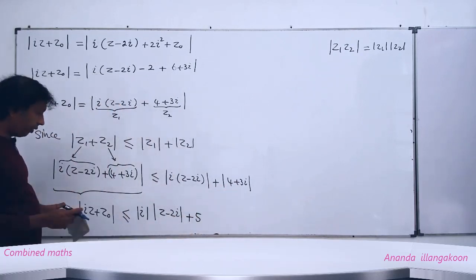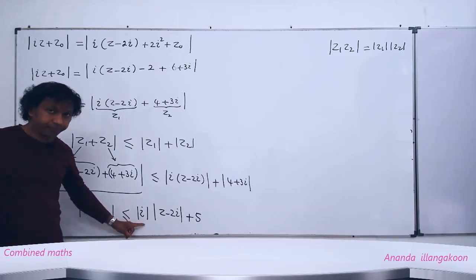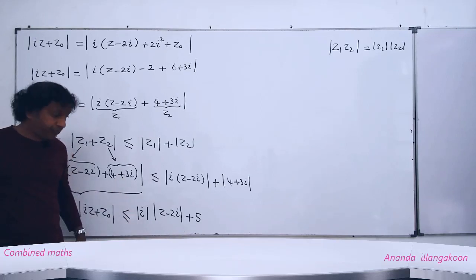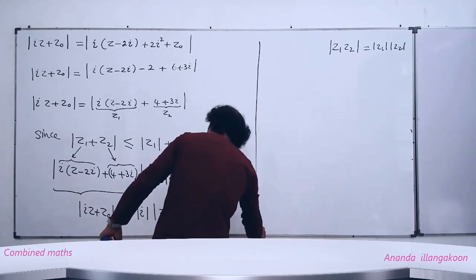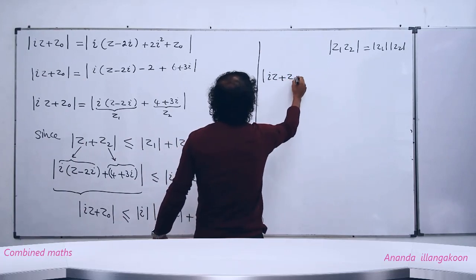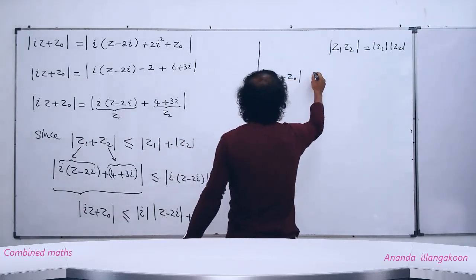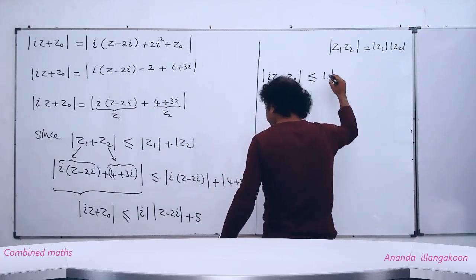Right. Now, modulus of i is 1. That we know. One times this.